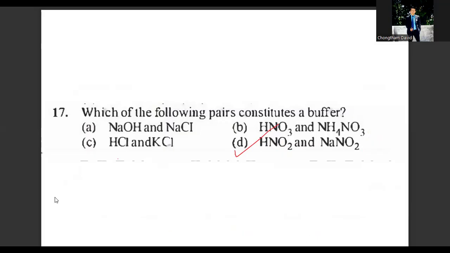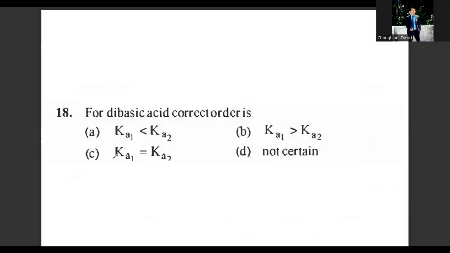Easy. Question number 18. For a dibasic acid, the correct order is: in a dibasic acid, the loss of the second proton occurs much less readily than the first. Usually, the dissociation constant values for the successive loss of protons from these acids differ by at least a factor of 10 to the power minus 3.